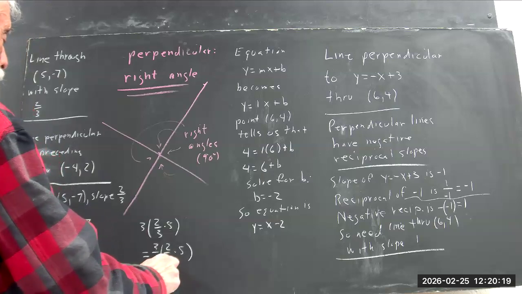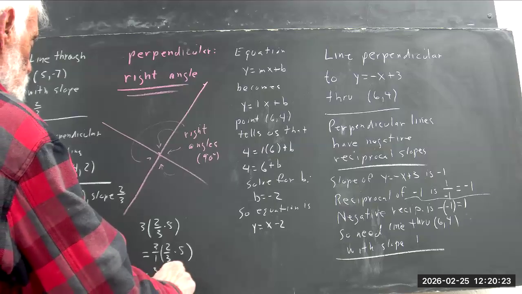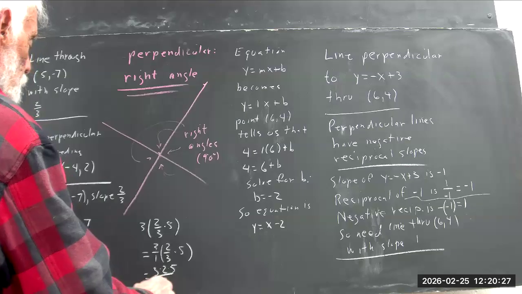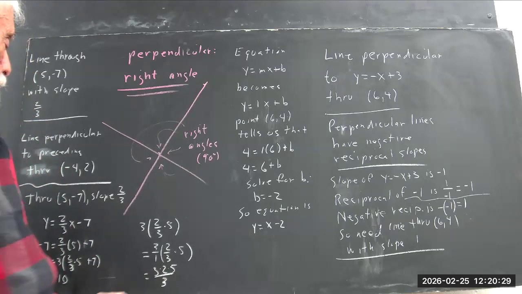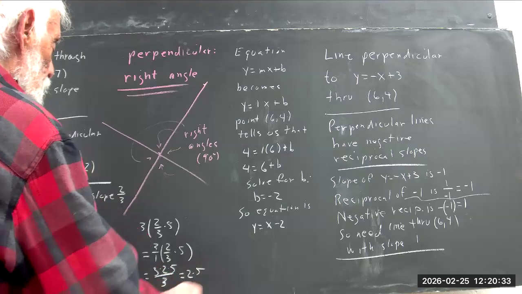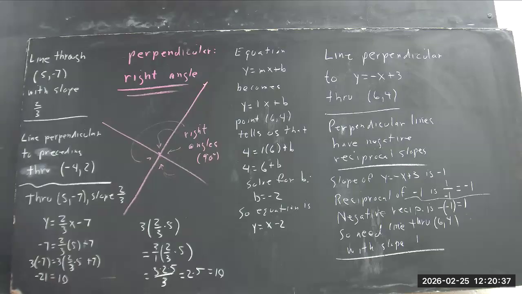The 3 in the denominator, well, that equals 3 times 2 times 5 over 3. We have a 3 in the denominator and a 3 in the numerator. So the 3 divides out, we end up with 2 times 5, which is 10. We have then 10 plus 21.